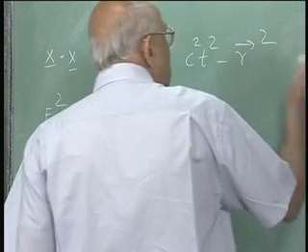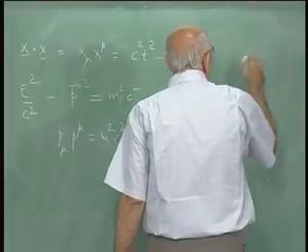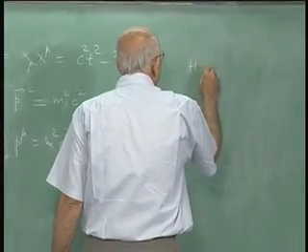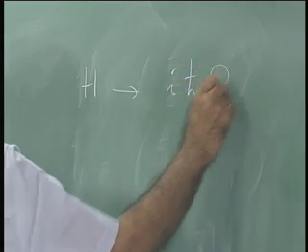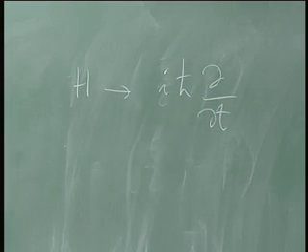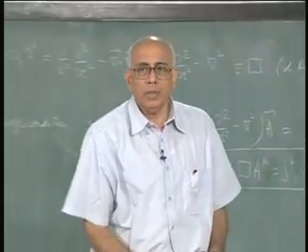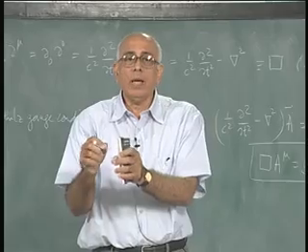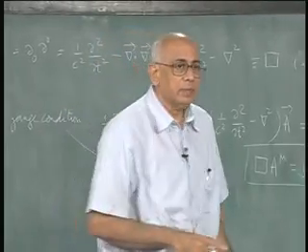Remember that the classical to quantum correspondence says that the energy, or better still the Hamiltonian, is replaced by i h cross del over del t. So this physical operator called the Hamiltonian, when it acts on a wave function, it is like acting on the wave function by i h cross del over del t.